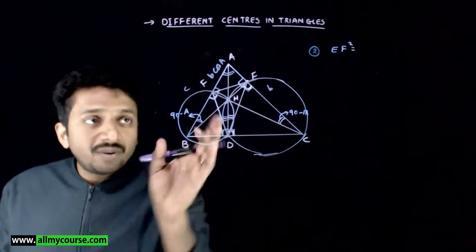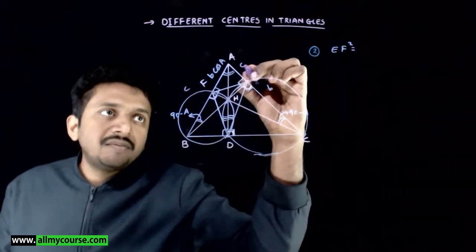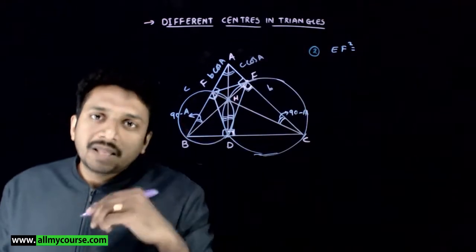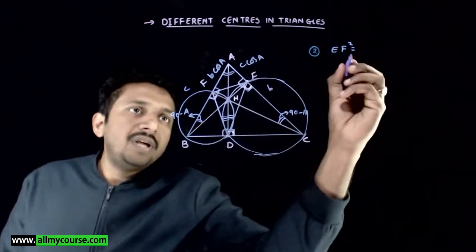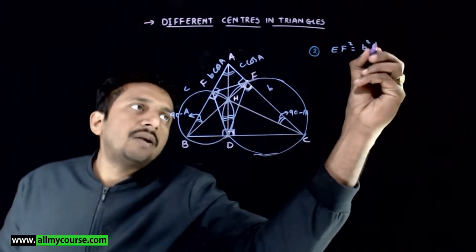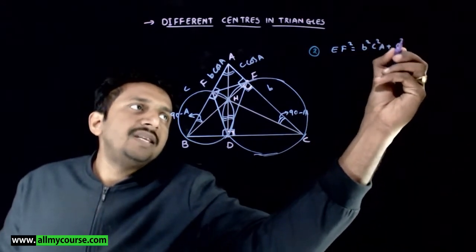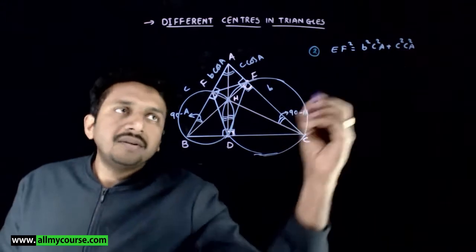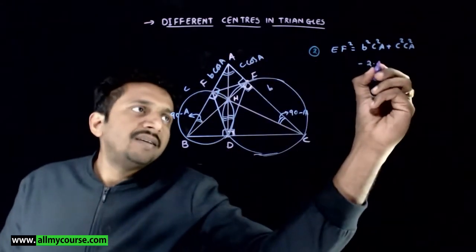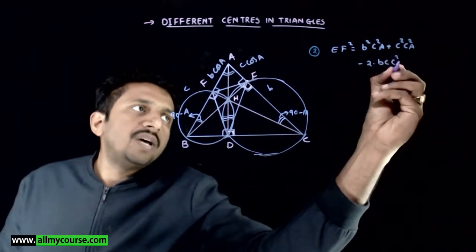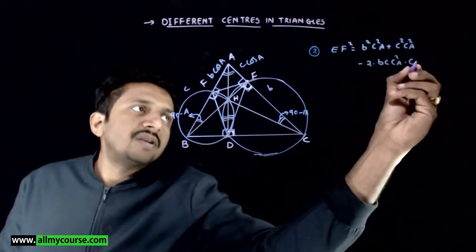AE is, from the projection rule, c cos A. So EF square is equal to b square cos square A plus c square cos square A minus 2 times this side into this side, bc cos square A, times cos A.